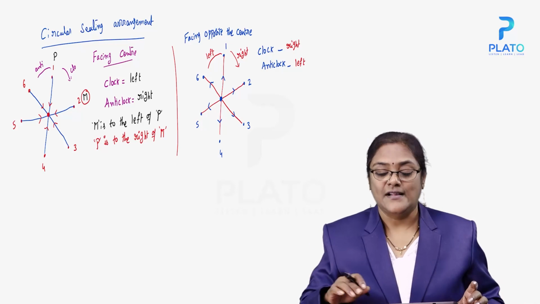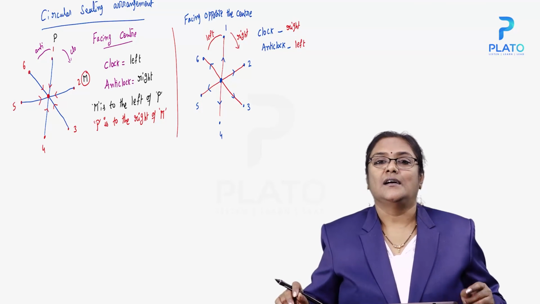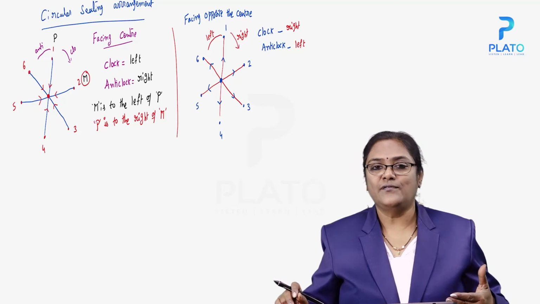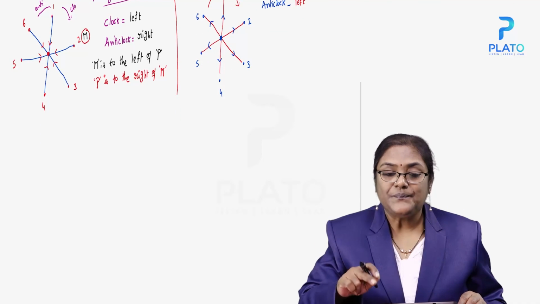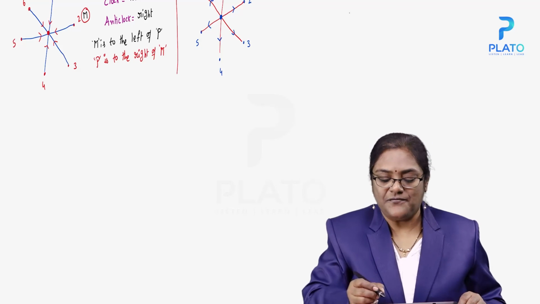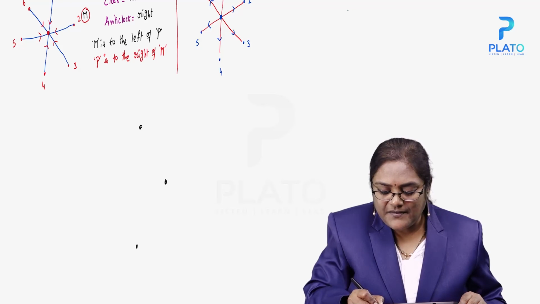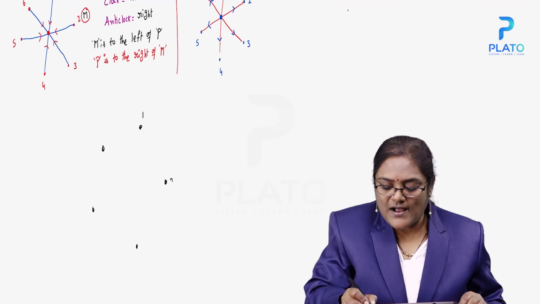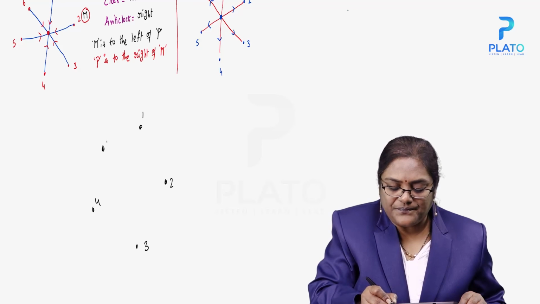Alright friends? Now finally, one more point before we get into the practice questions. When you have an odd number of people sitting, for example 5 persons, let me number them 1, 2, 3, 4 and 5.